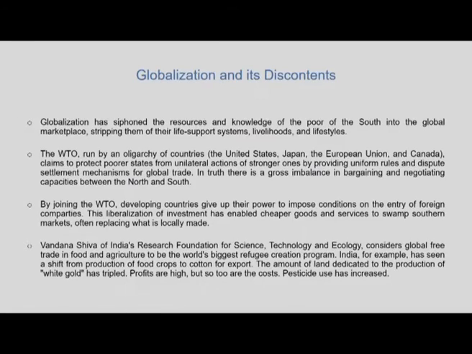By joining the WTO, developing countries gave up their power to impose conditions on the entry of foreign companies. This liberalization of investment also enabled cheaper goods and services to crowd in the southern markets, and often this led to the replacing of locally made goods and services.